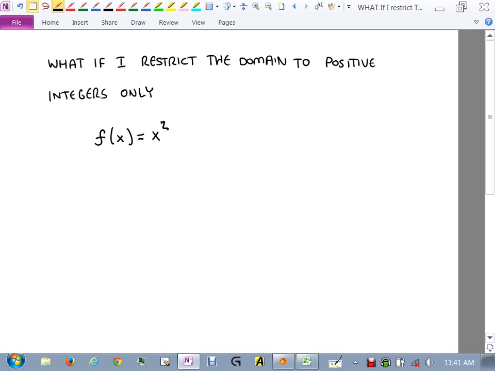And take that same function. What are you allowed to plug in now? Positive integers. What are the integers? 1, 2, 3, 4, 5 forever. 0, right, is an integer. -1, -2, -3, -4, -5 forever. Those are integers. But I said positive integers, right? So that would just be 1, 2, 3, 4, 5, 6 forever. All right? So you could plug in 1, you could plug in 2, but you couldn't plug in pi, and you couldn't plug in -1.75.